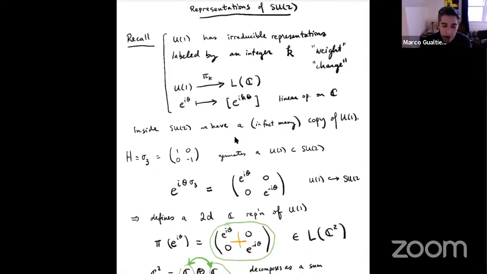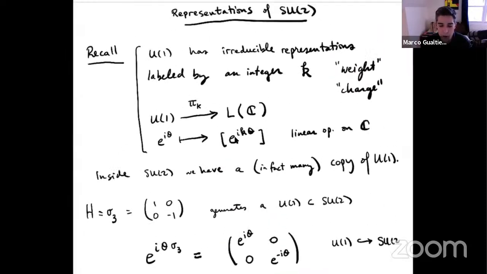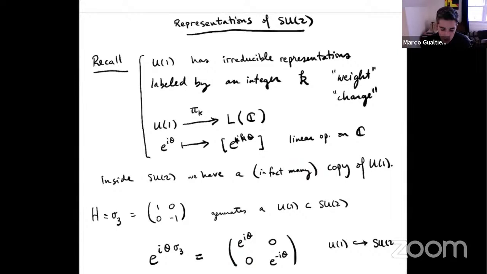So okay, now let's do representation theory of SU2. We talked about U1. U1 is the master. If you know how the representations of U1 work, you're going to know how the rest of the representations work. So we saw that U1 is abelian. All of its irreducible representations are one-dimensional, and they're labeled by an integer.